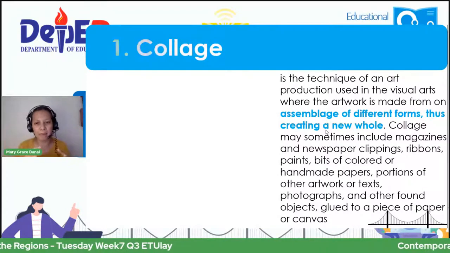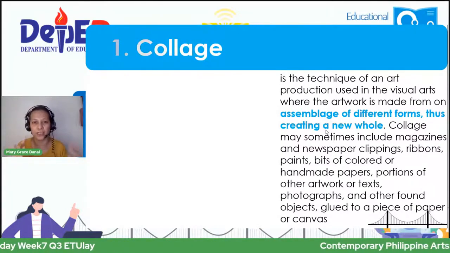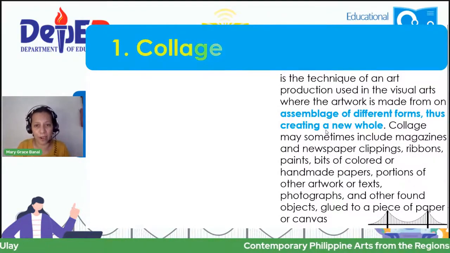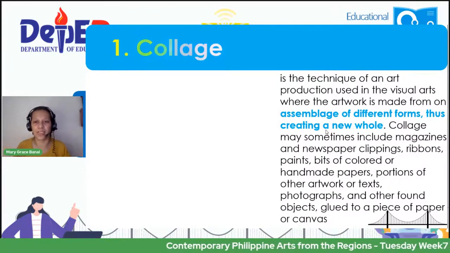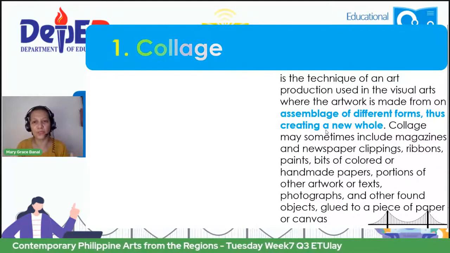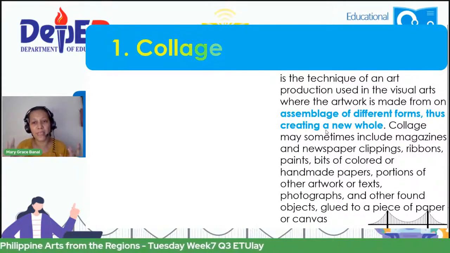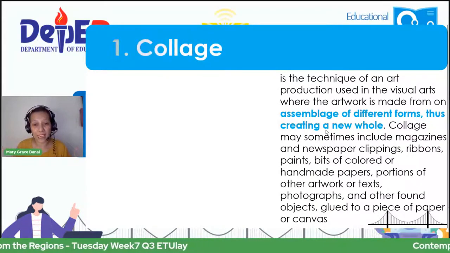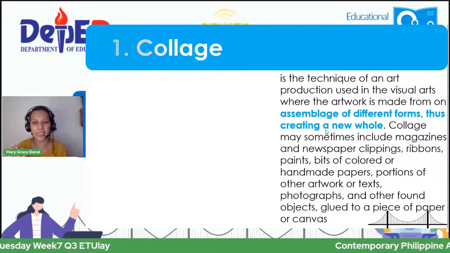Pero kapag pinagsama-sama mo yan, by gluing them together on a piece of paper or canvas, saka mo makikita yung collage. Dapat, when they come together, there will be a new image. A new meaning will arise from these different cutouts.